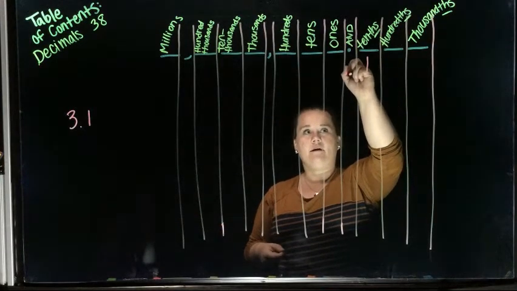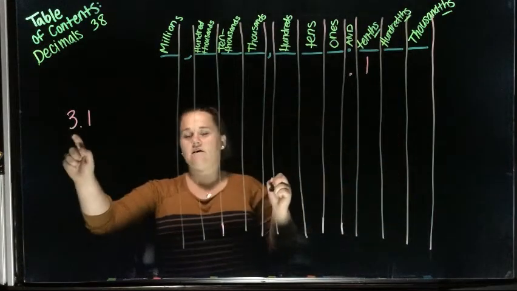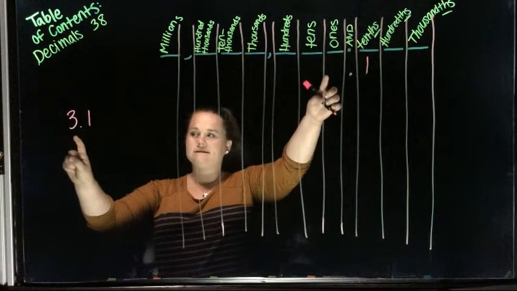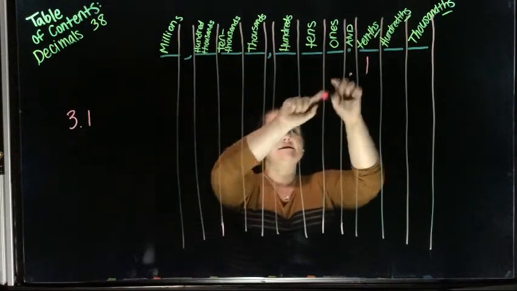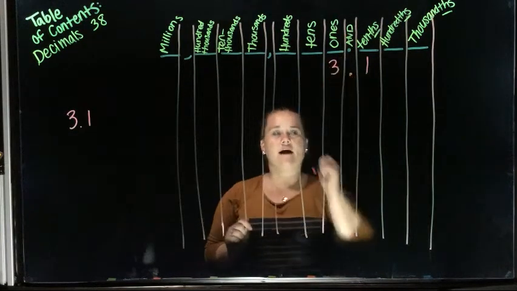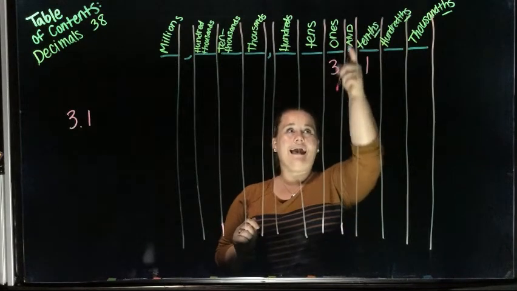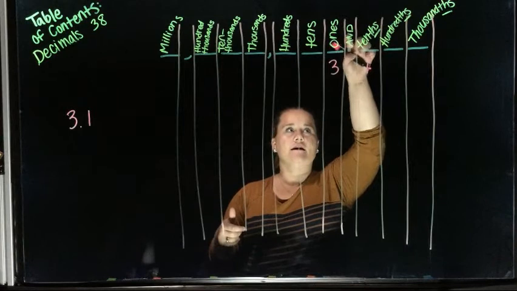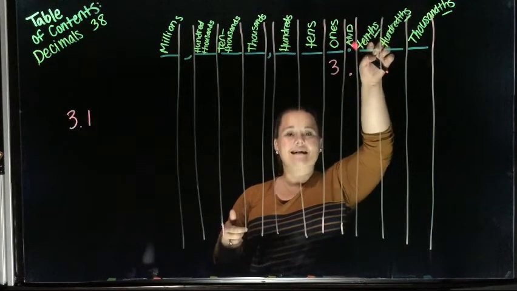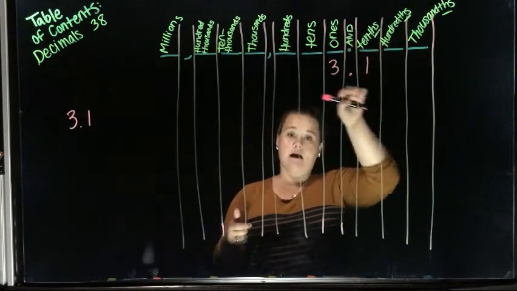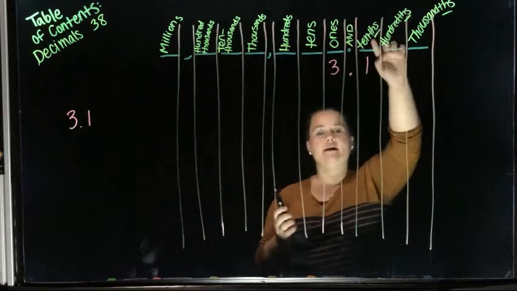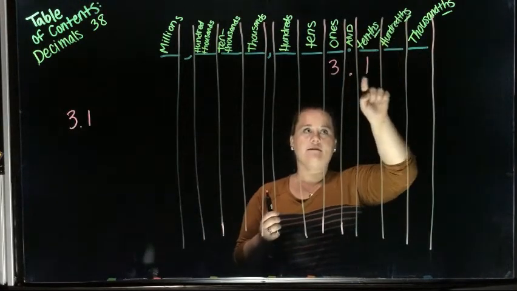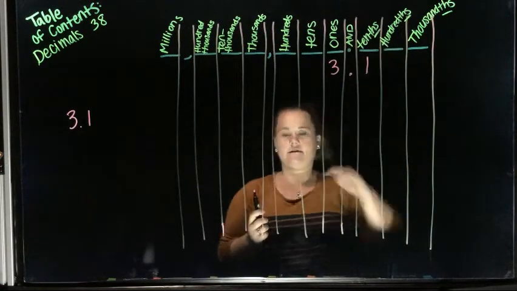Then in front of my decimal was a 3. This is in the ones place, so I go to the ones place and I put a 3. So I know that this is 3 and, because my chart up here tells me to say and, 3 and 1/10. Wherever your number stops, that's where you go back up to the top and you make it say the name that it's in. So 3 and 1/10.